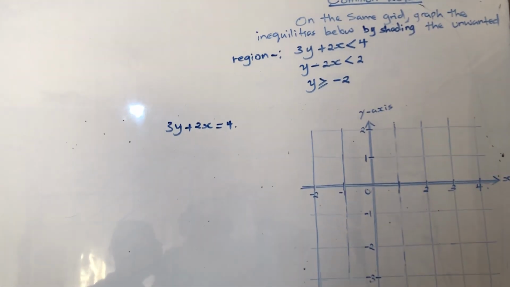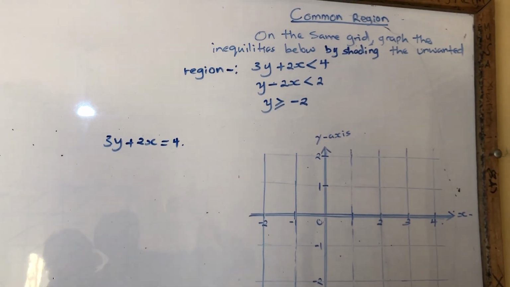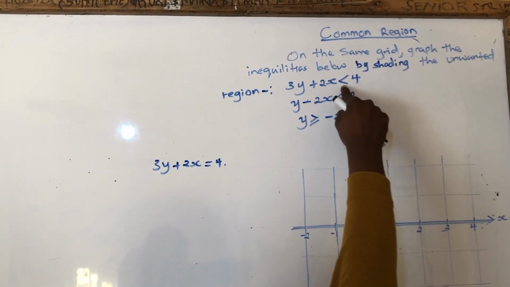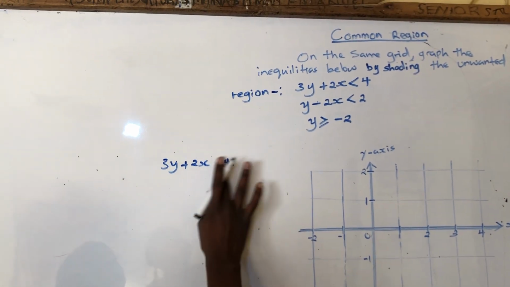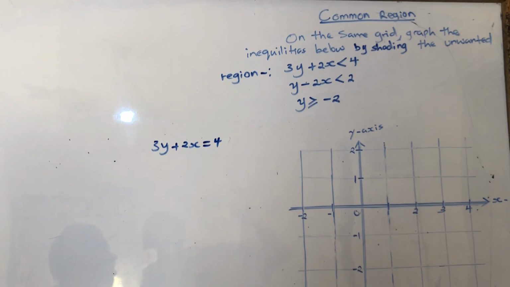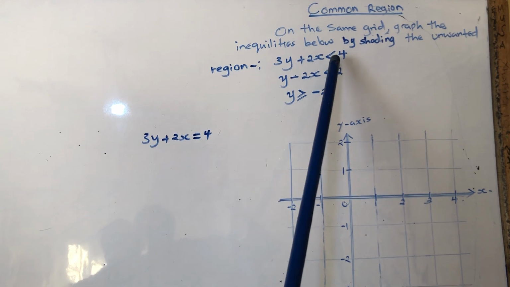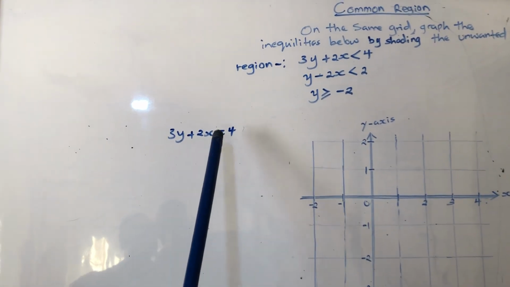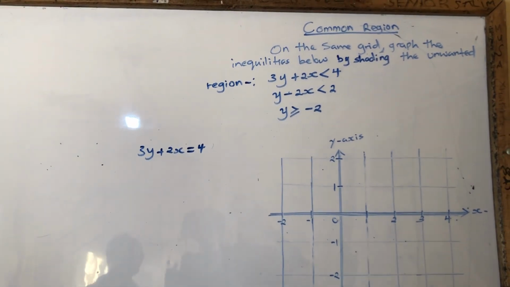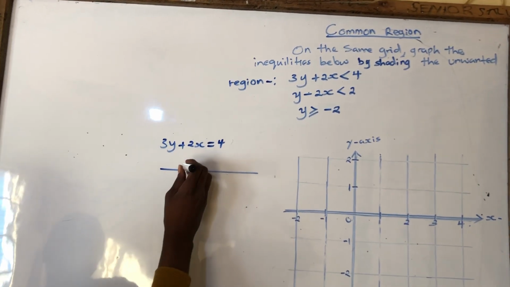We already mentioned from our previous session that for as long as we are still addressing the line, the inequality symbol should be changed into an equal sign temporarily. So what will I have?